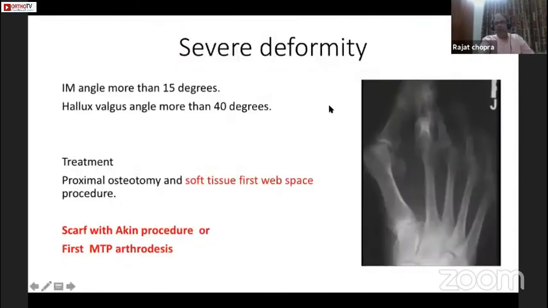And now coming to the severe deformity. The hallux valgus angle is more than 40. This is the case where you have to decide, because you have got a deformity which is more than 40 degrees. If you want to do a scarf with Akin, yes, go ahead, you can do it.